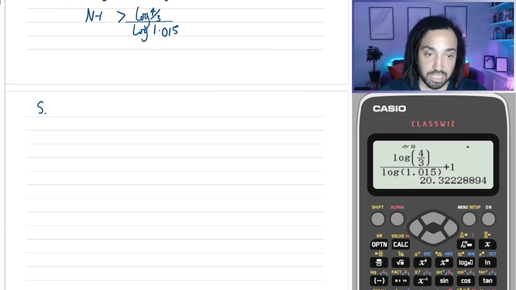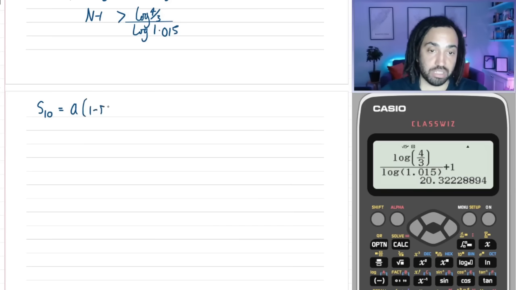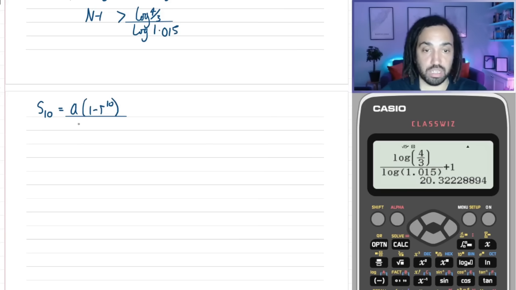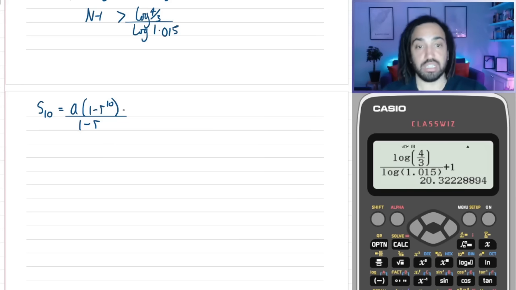So we're summing the first 10 terms inclusive, and that is equal to a(1 minus r to the power 10) all over 1 minus r. That's your classic summation formula.